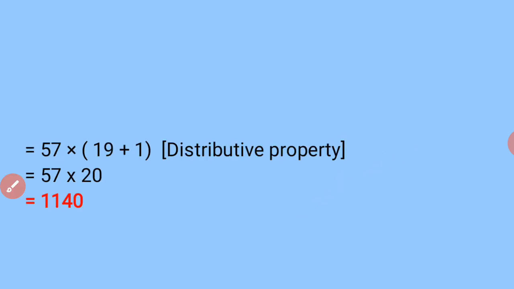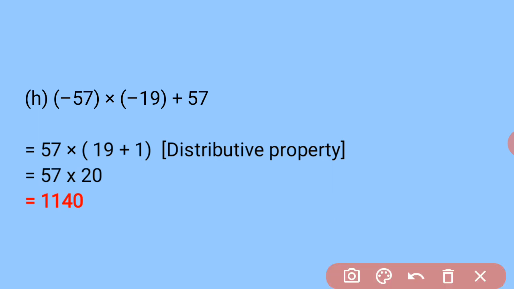Now the last sub question, it is H. Minus 57 multiplied by minus 19 plus 57. How many terms are there, children? There are 2. This one multiplication is to be done entirely, and then another term, that is 57, is there.